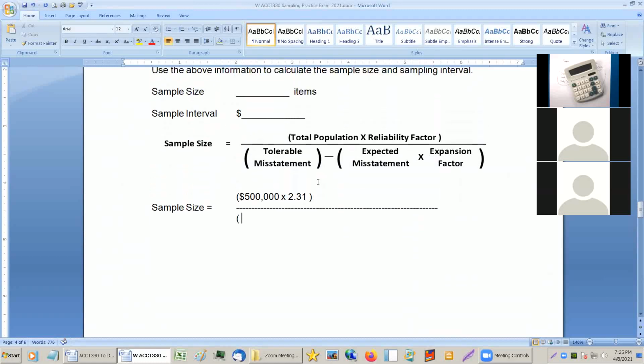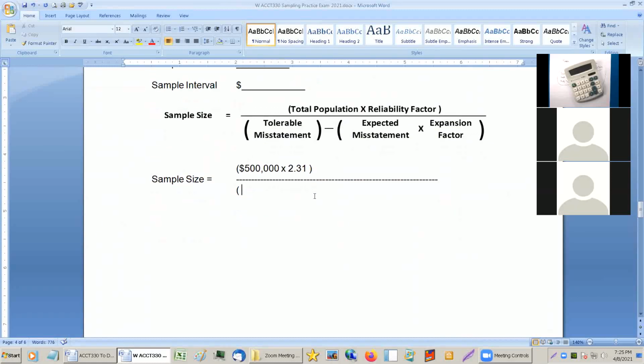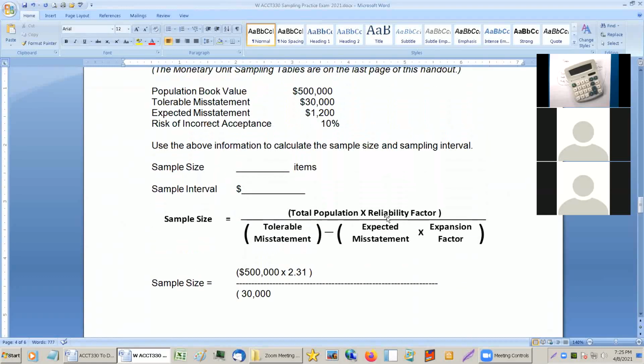Tolerable misstatement or performance materiality, same thing, 30,000. Minus the expected misstatement, times an expansion factor.